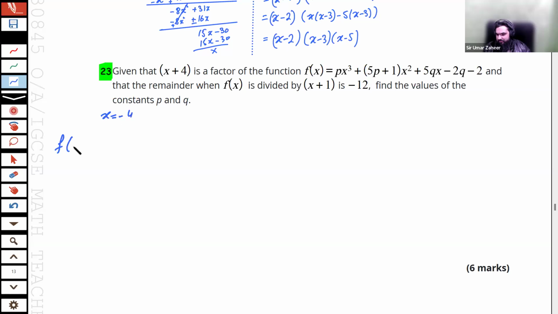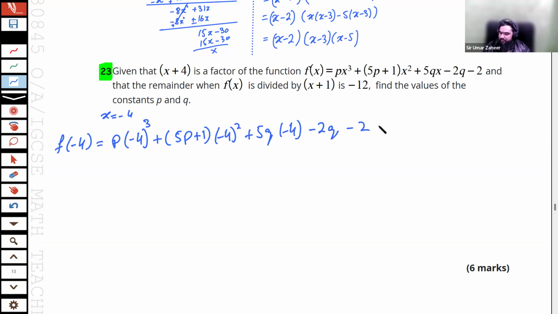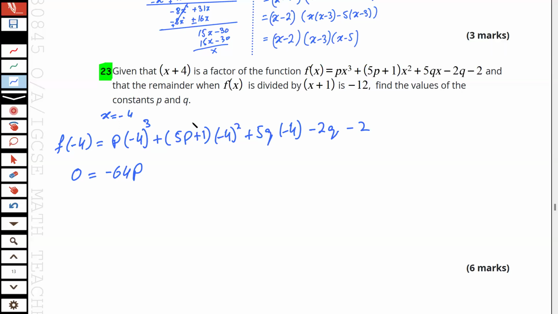I get f of minus 4 is equal to p into minus 4 whole cube plus 5p plus 1 into minus 4 square plus 5q into minus 4 minus 2q minus 2. So this value is minus 64p. Any question till here? No, sir.